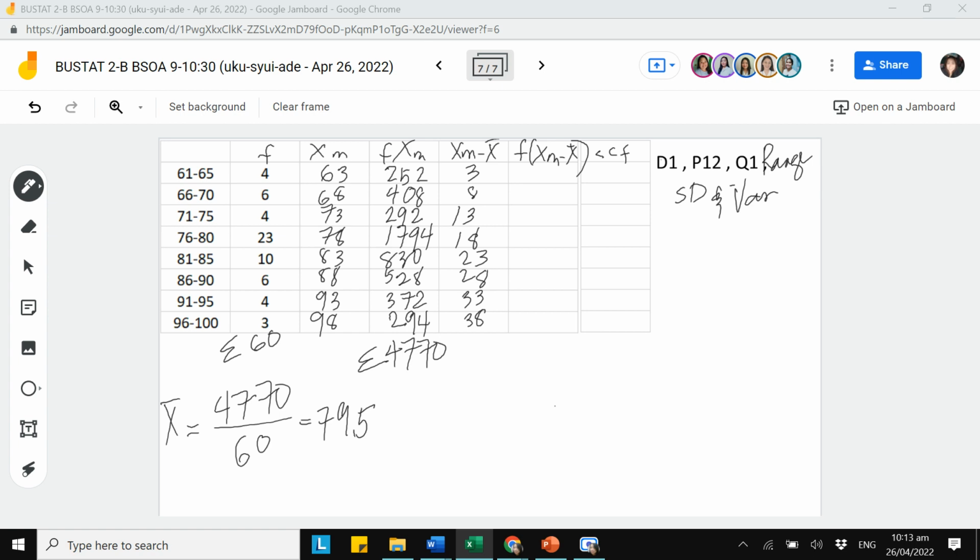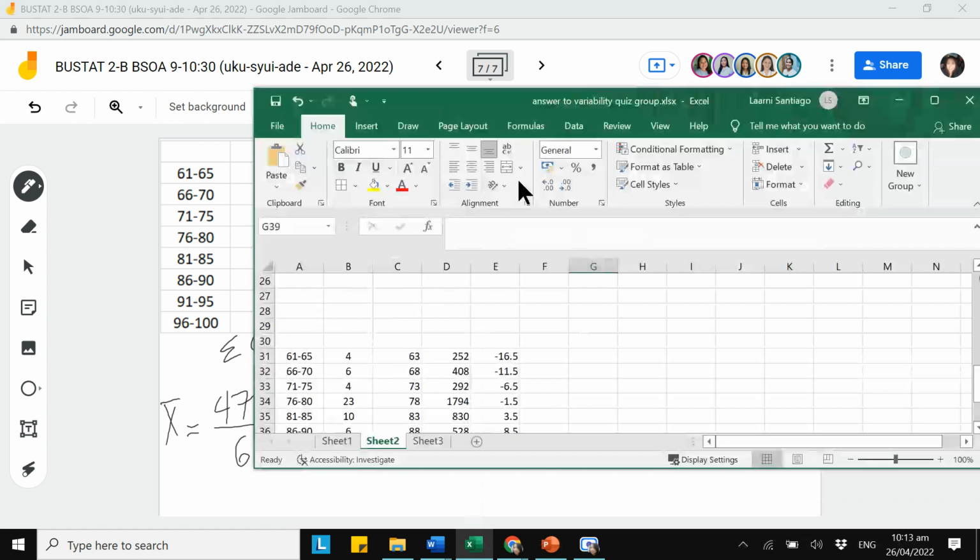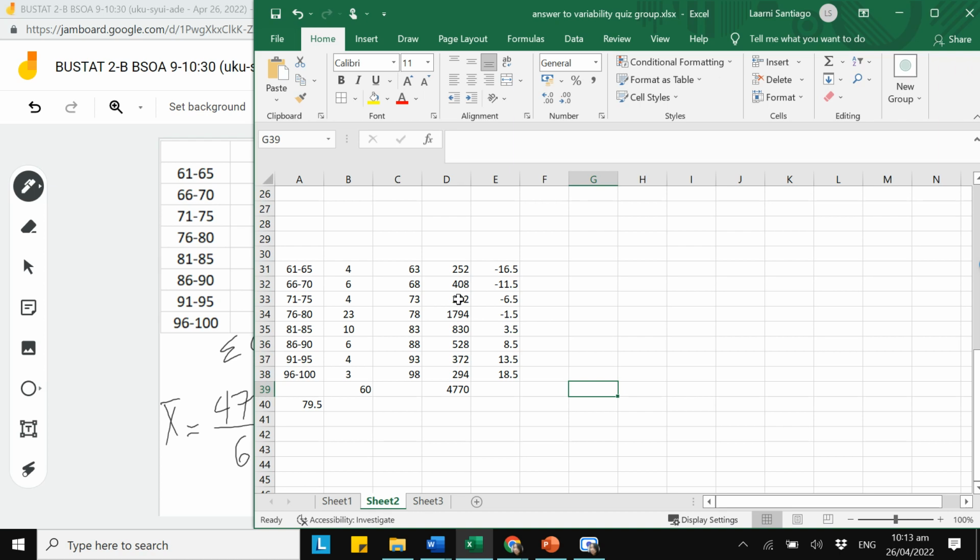Bakit 3 yung mean mo, x minus mean? Ay, sorry ma'am, mali po pala. Kaya nga nag-quick Excel ako. Ito yung nakuha ko ng Excel. Kaya sabi ko mabilis ang Excel, eh. Pindot-pindot lang ako.